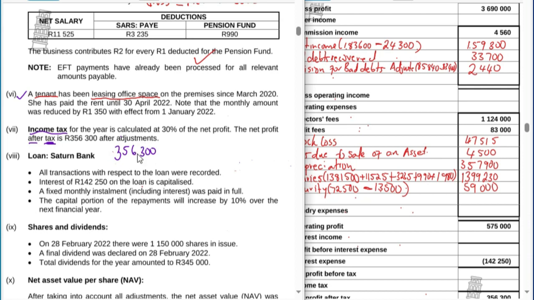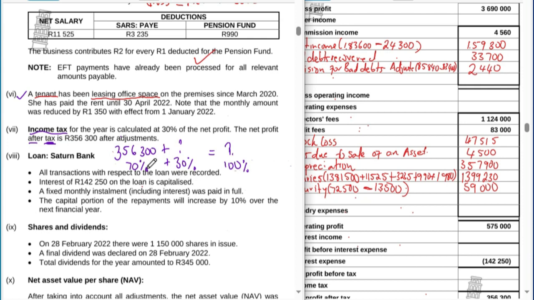Then this amount equals 70%, and then our income tax is 30%, which we don't have, and our net profit before tax is 100%, whereby 70% plus 30% equals 100%, and then equals what? Question mark.